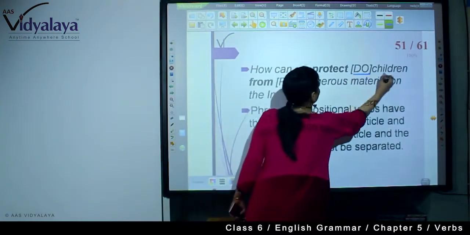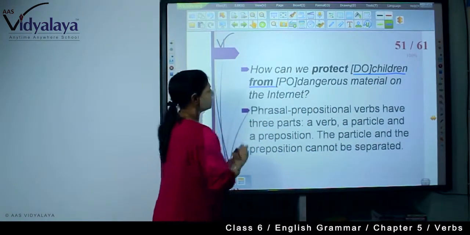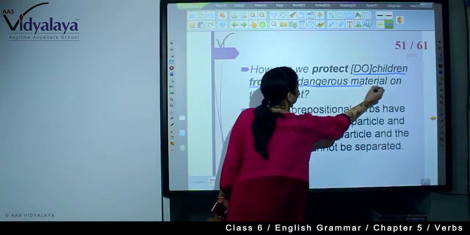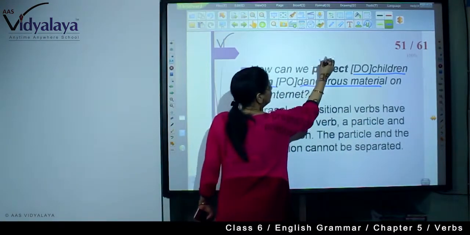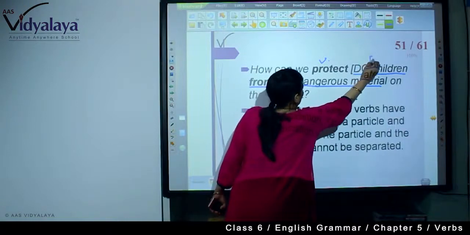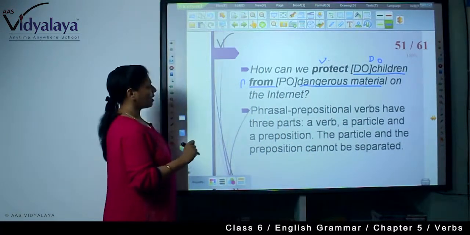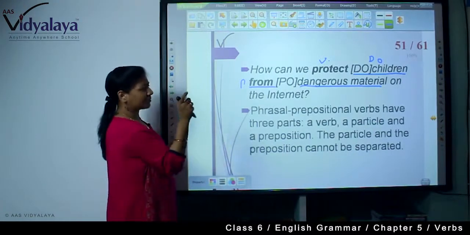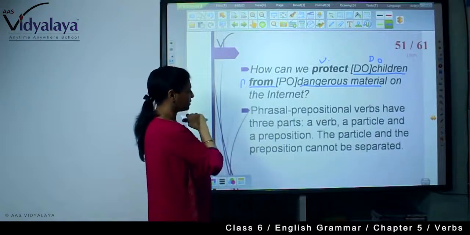This is the direct object, children. "From" is the preposition, then dangerous material. So you are saying this is the verb, this is the direct object, and this is the preposition. So we are saying in between the prepositional verb, we are getting the direct object.